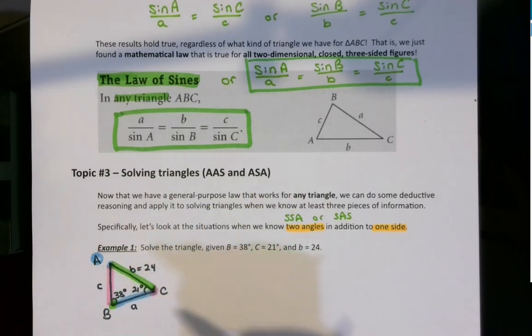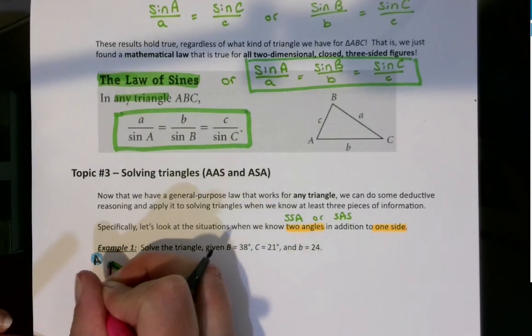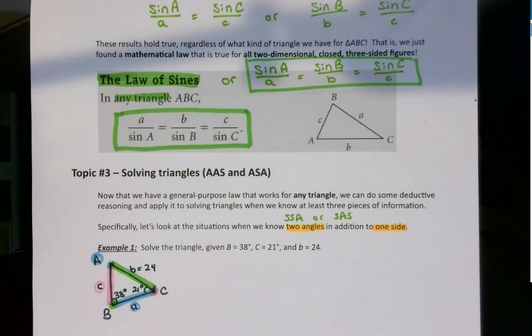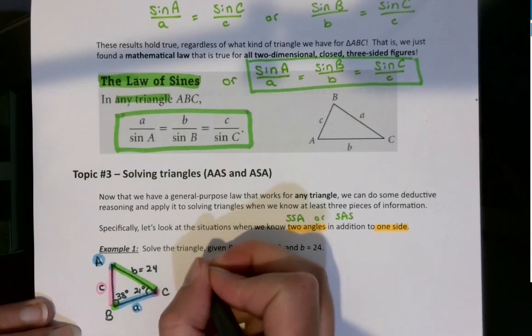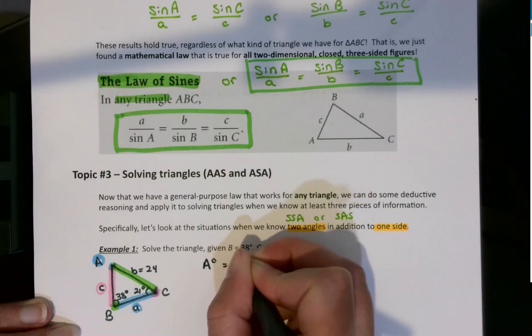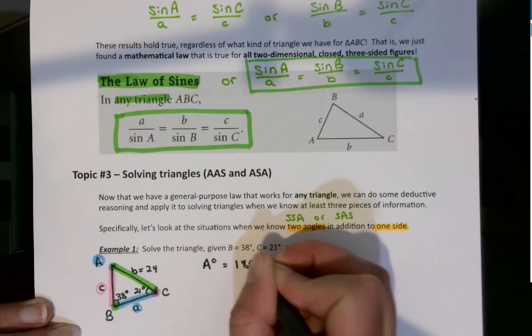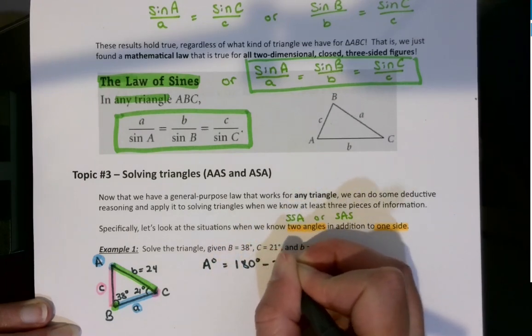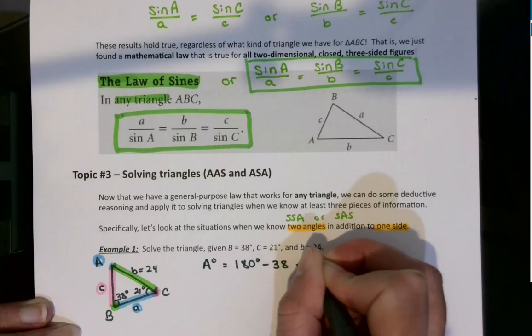So the things I need to know, there's 3 things I know, and therefore there are 3 things I need to know as well. I need to know little c, capital A, and little a. The angle is going to be the easiest thing to find because for angle A, there are 180 degrees in a full triangle, and I've already used up 38 and 21 degrees.